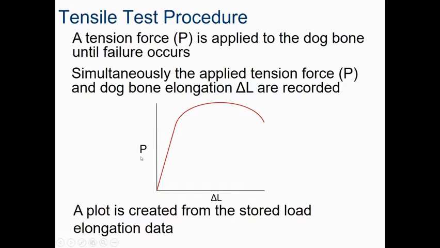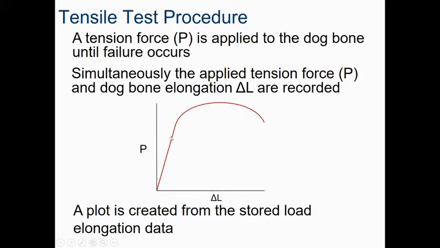As I apply a load, I expect a corresponding change in length. So this P is for load. Delta L stands for change in length, or deformation. I'm going to apply a load and expect some degree of stretch from that load.